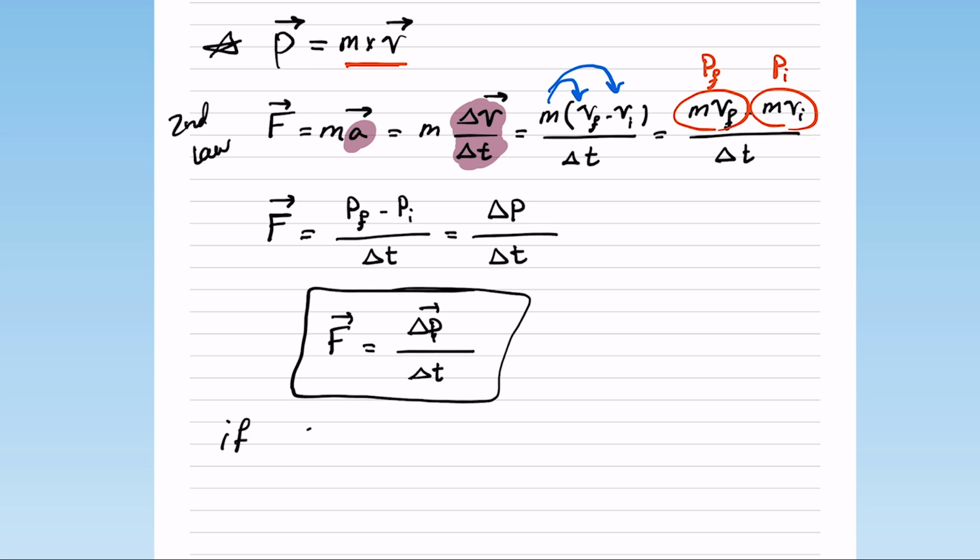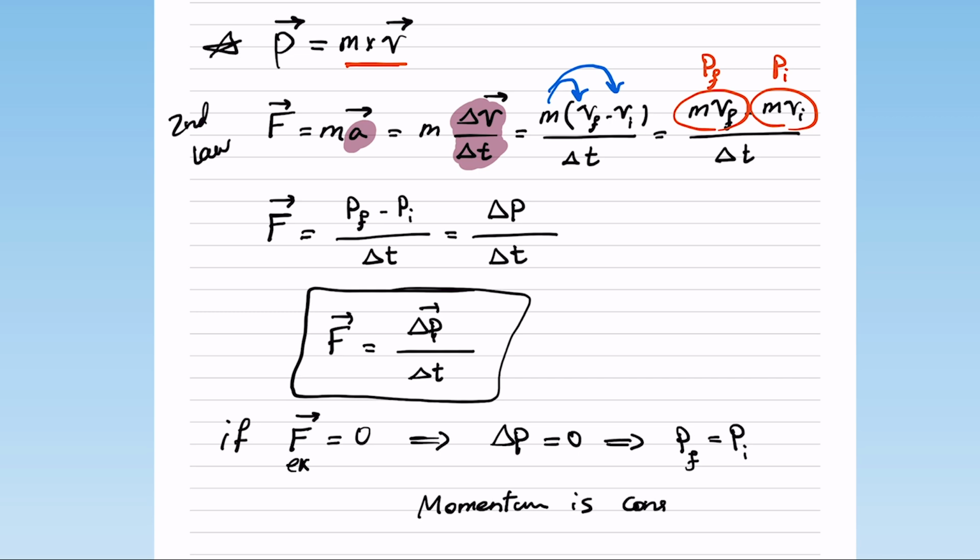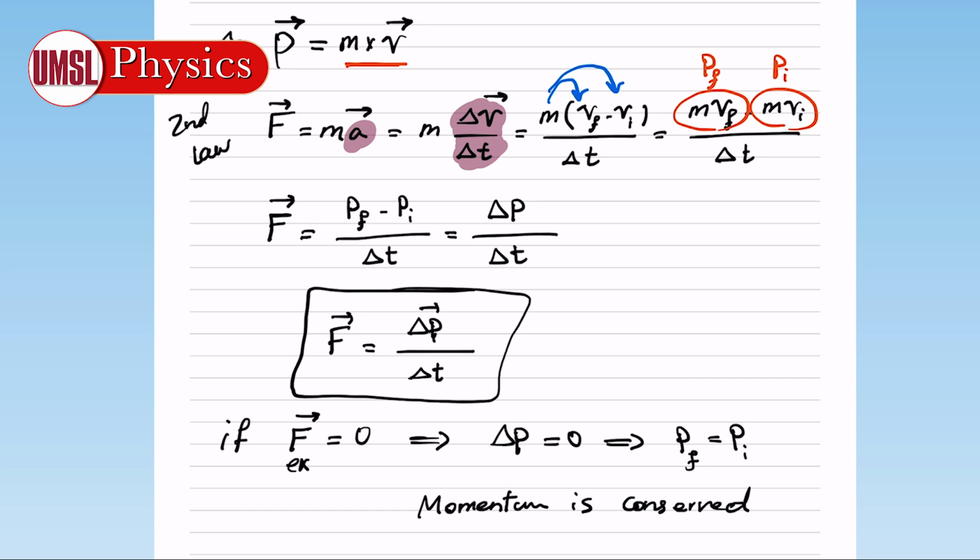If force, in this case the external force, is 0, then using this equation in the box, I can write that delta P is 0. This means P final should be equal to P initial. Or in other words, the momentum is conserved. Okay? The momentum is conserved. It doesn't change if external force is 0.